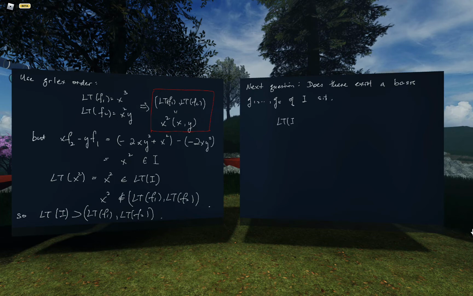LT I is equal to the ideal generated by LT G1 all the way up to LT GS. I'm going to call this equation star, and I'm going to refer back to it later on. So it turns out, yes, there is such a basis, and this is going to be the Gröbner basis that we're going to be constructing later on.